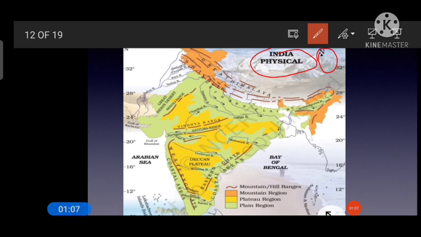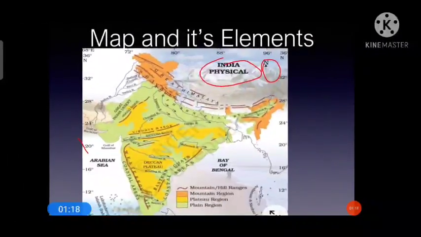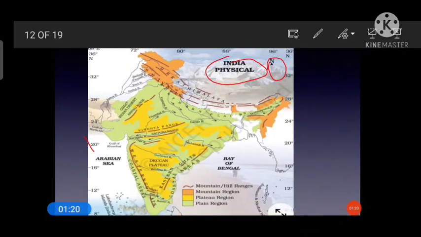And next we have the latitudes and longitudes. You can see at the top and this side 28 degree, 32 degree, 24 degree, 80 degree. These are the latitudes and longitudes of the map, which are mentioned here.